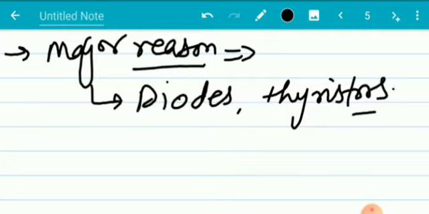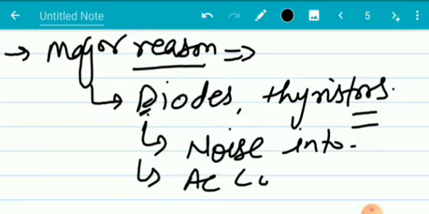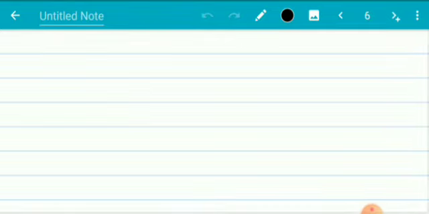Okay, and because of noise in these devices, there is an AC component also in the output of the rectified DC quantity, and because of that ripple we are studying the ripple factor.